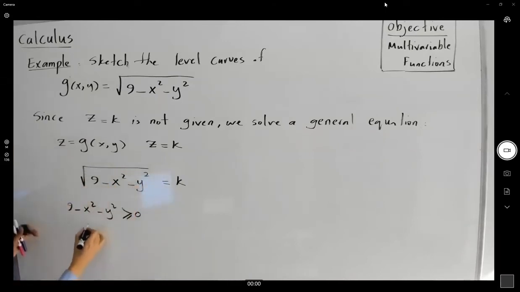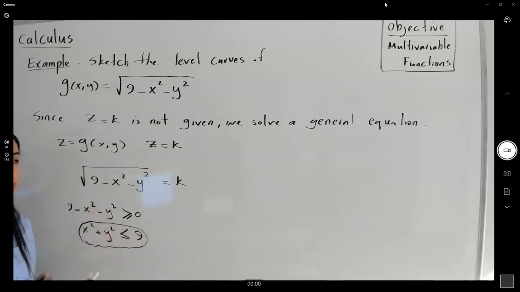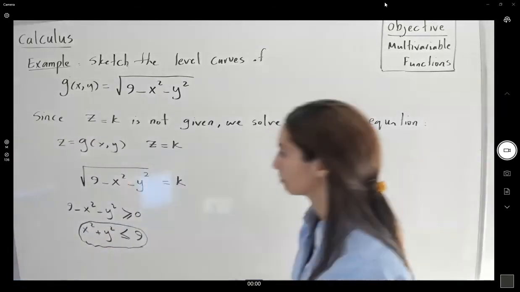What's the meaning of that? It means that x squared plus y squared is less than or equal to 9. What's the meaning of that? It means you have points inside a circle. These are all points inside a circle, so you're actually forming a disk. Keep that in mind.